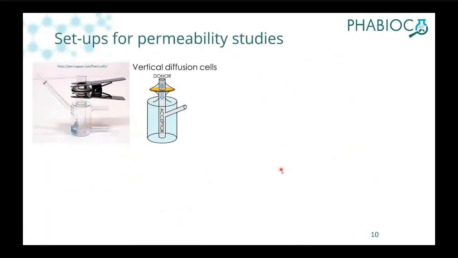And which kind of setups can we use? Well, we can use the classical vertical diffusion cells, for example, the Franz cell diffusion from PermeGear or other providers, where we place the barrier within this small donor compartment and the acceptor compartment, where we sample from this neck.